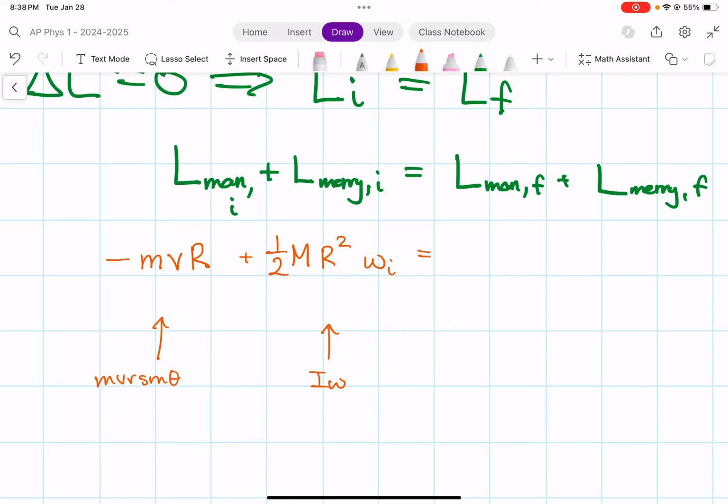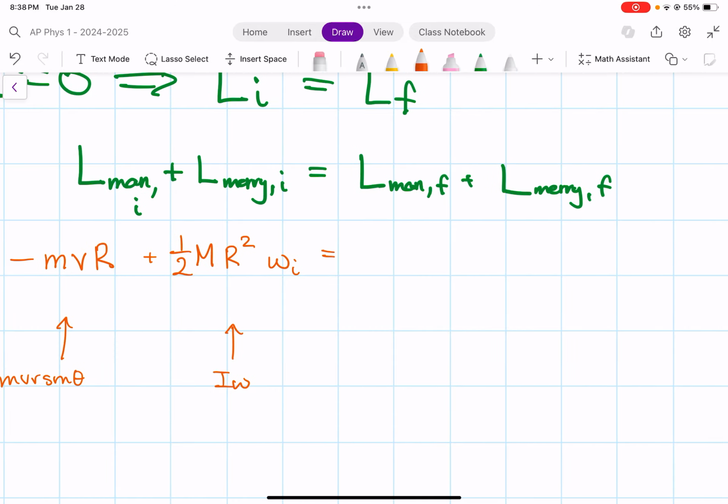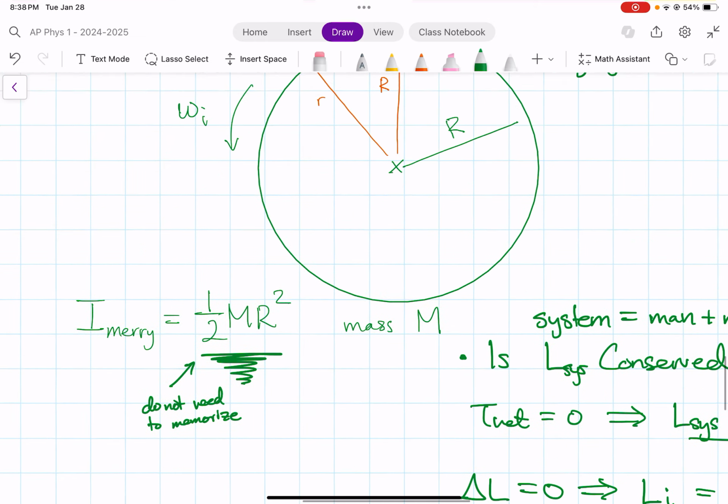Now that should equal the angular momentum of the man final plus the angular momentum of the merry-go-round final. So this is where things get a little weird. We actually want to recombine these into just the angular momentum of the whole thing final, because it's actually easier to calculate it when you think of it that way.